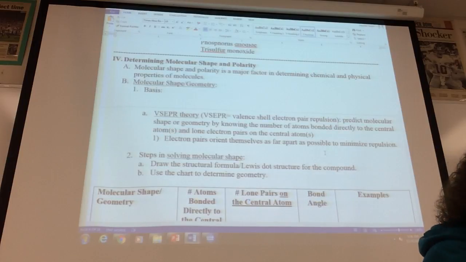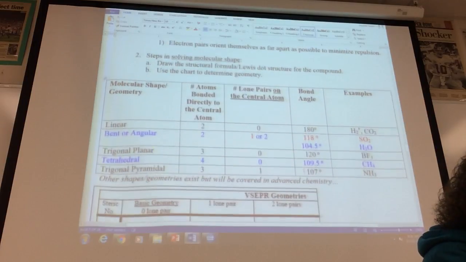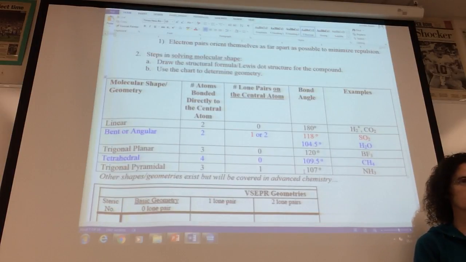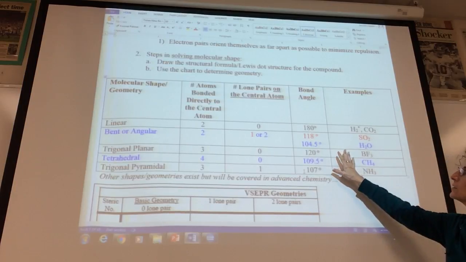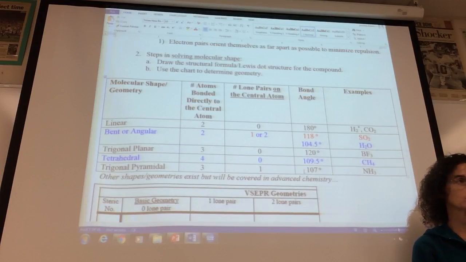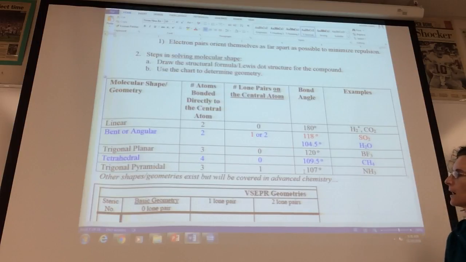Same concept. When you want to draw the structure and determine its shape, you're going to draw it as we did previously. So you draw your structure, and then you can use this chart to determine what the geometry is relative to the central atom. If there's more than one central atom in the structure, there's more than one geometry, and you'll report it as such.